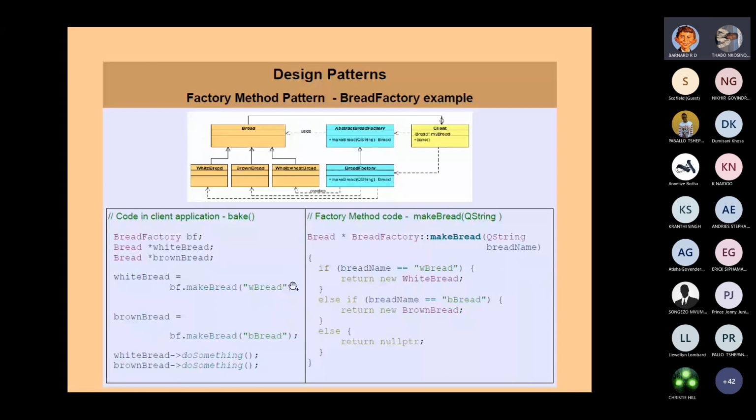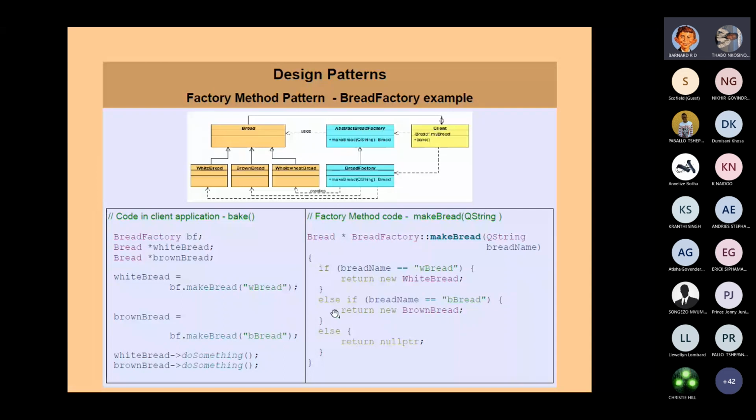So let's just look at this make bread method. The panel on the right, this is in our bread factory, which is the blue block over there. You have a make bread method, which takes a string parameter, and it returns a pointer to your abstract base class bread.